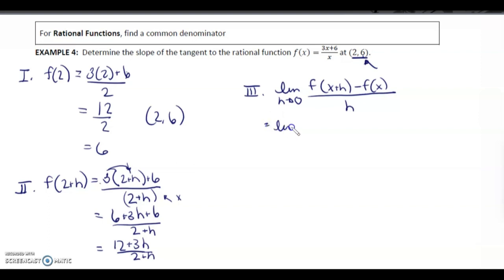Okay, so let's write the limit as h approaches 0, and we're going to sub in f at x plus h, which is 12 plus 3h over 2 plus h. And then we're going to subtract f at x, which is 6, right? This number right here. And this is all over h.